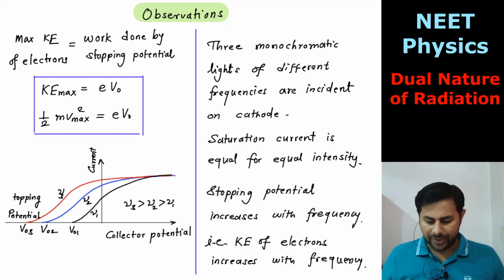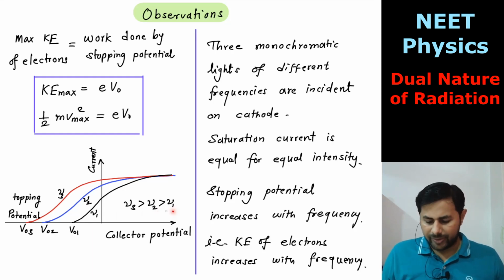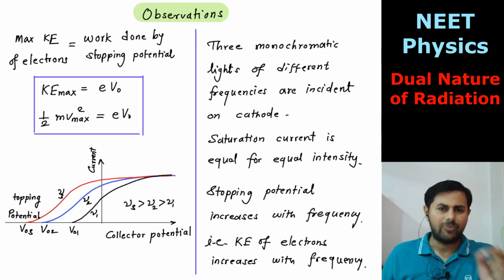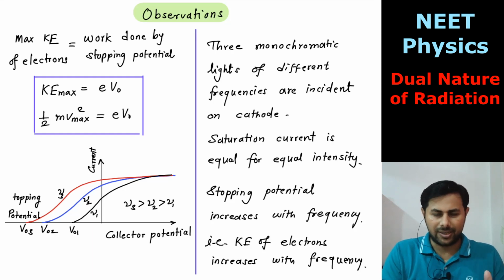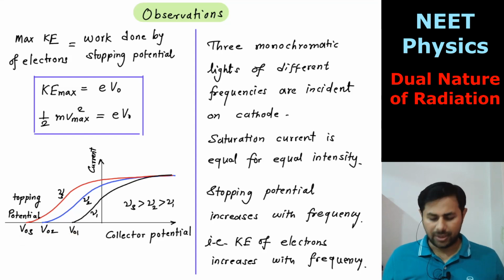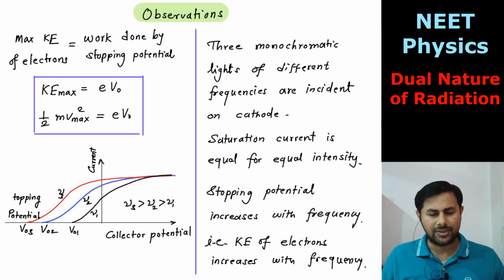But when the frequency is different, intensity is the same but the frequency is different, then if frequency is higher, energy per photon is higher, that means the energy that each individual electron is gaining from the light is higher, so its kinetic energy would be higher, and therefore you will need to apply more potential to stop electrons, right? This thing is clear, everyone? And that's why the stopping potential will increase as you increase the frequency.